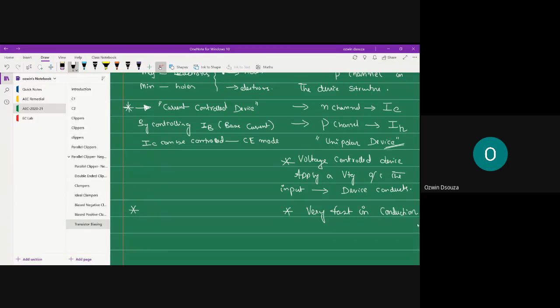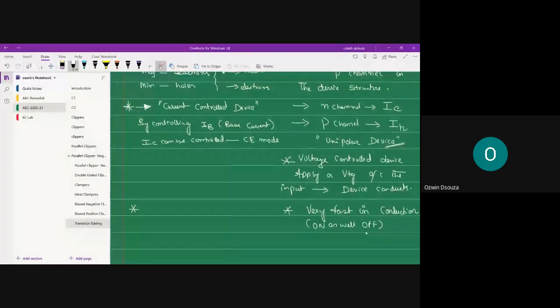When I say conduction, I mean on as well as off. That means you can quickly turn on the device as well as quickly turn it off. In case of FETs, especially MOSFETs, your turn on and turn off time will be in microsecond to nanosecond. So quick they are, so fast they are.